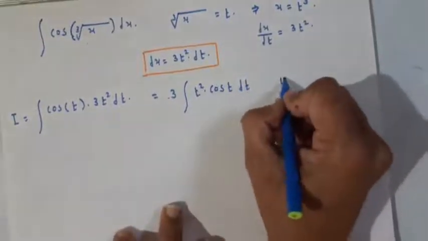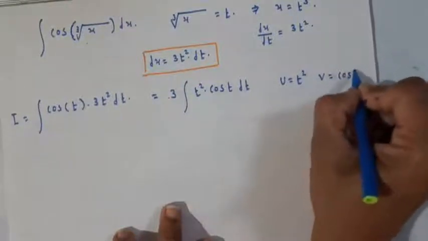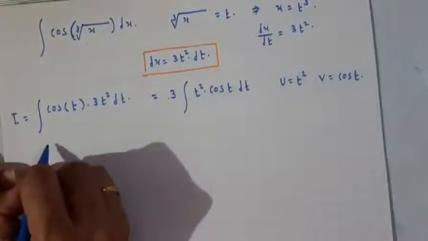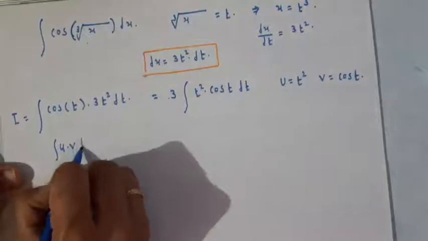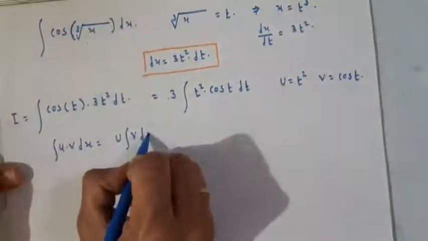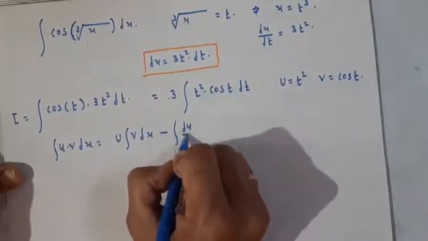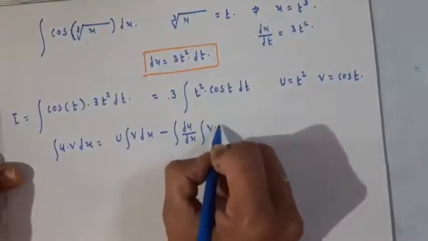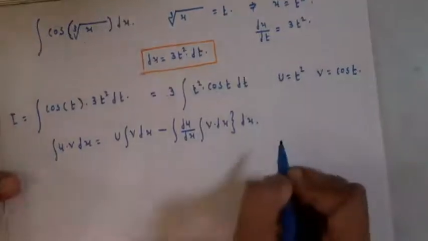So here u equals t square and v equals cos of t. By using the integration by parts formula, integration of u v with respect to x equals u times integration of v with respect to x, minus integration of the differentiation of u with respect to x times the integration of v with respect to x, and whole integration with respect to x.